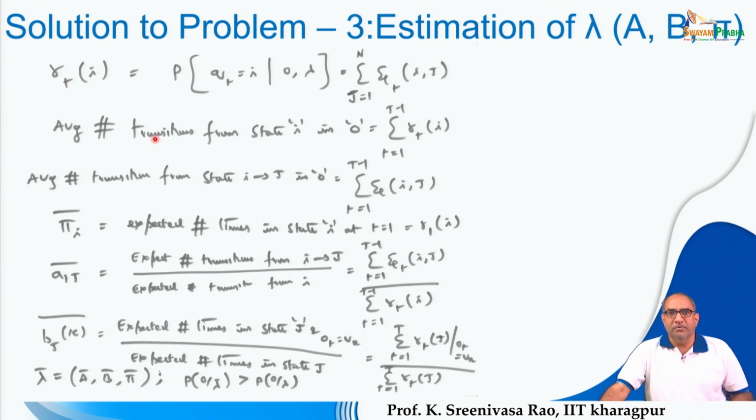Then you can compute the average number of transitions, the observation sequence visiting state i, as a summation over t equals 1 to T minus 1 of gamma t of i. Likewise you can compute the average number of transitions from state i to j, and then these parameters, the initial state probabilities, state transition probabilities and symbol probabilities, you can estimate in terms of gamma t of i and eta t of i comma j.